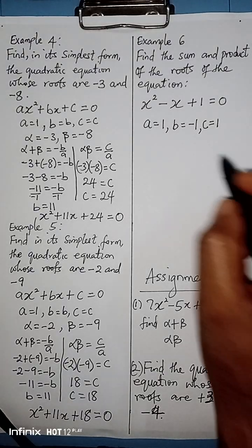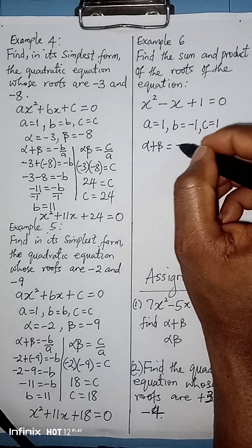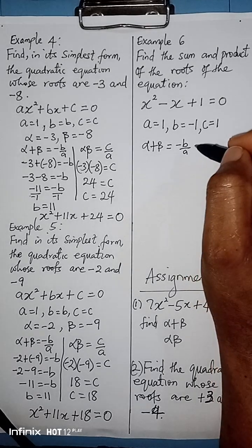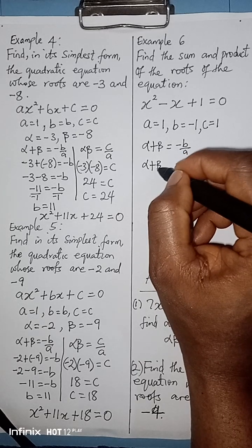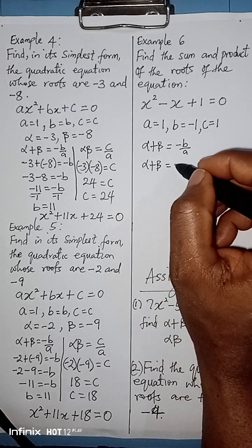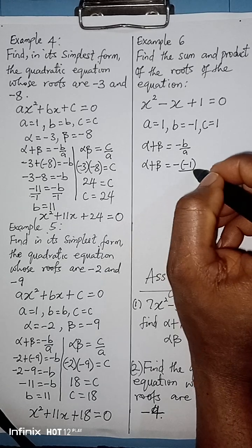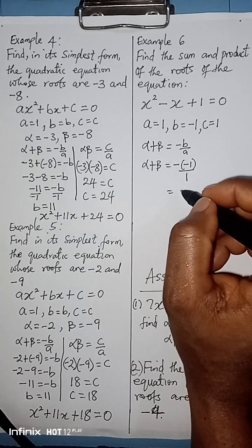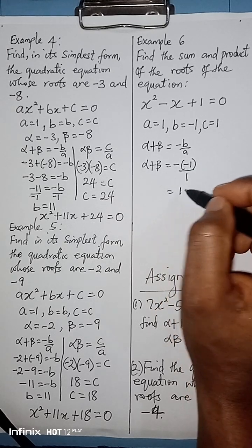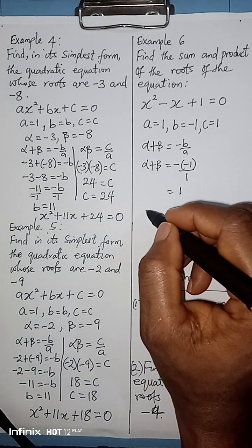So we're looking for the sum and product. Alpha plus beta is equal to minus b over a. So alpha plus beta will give you minus b, which is -1, over a, which is 1. And this will give you minus times minus is +1. So that's the sum.